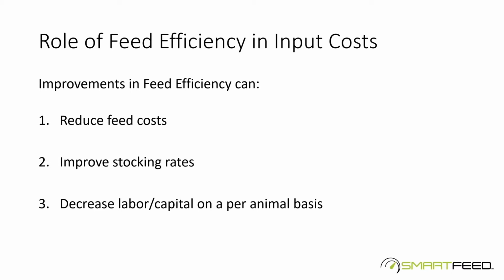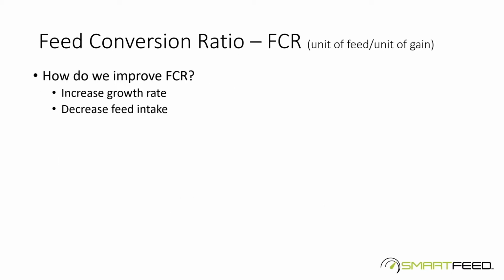We should also be able to have these fertile cows ultimately that require less feed, and that could certainly lead to us increasing stocking rates. And then finally, from a longer run perspective, if we're able to run more cows on a constant resource base, we should see on a per animal basis lower capital and labor costs.